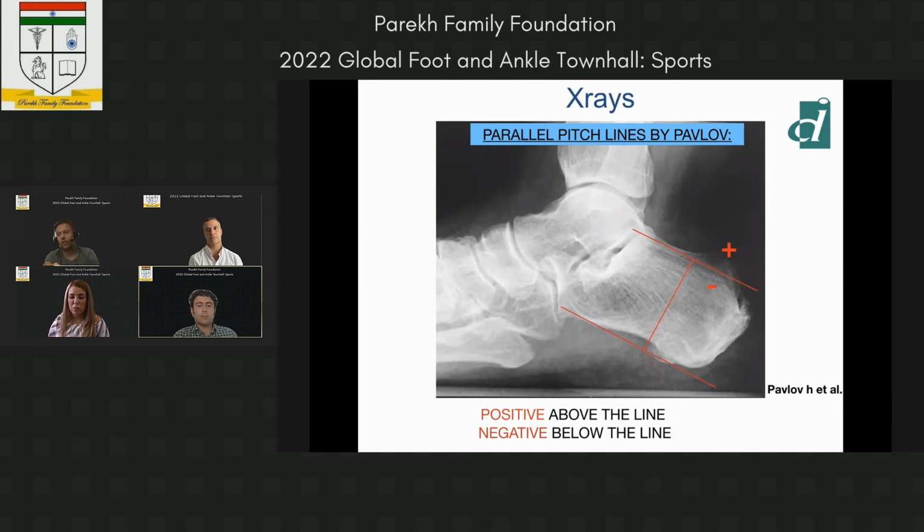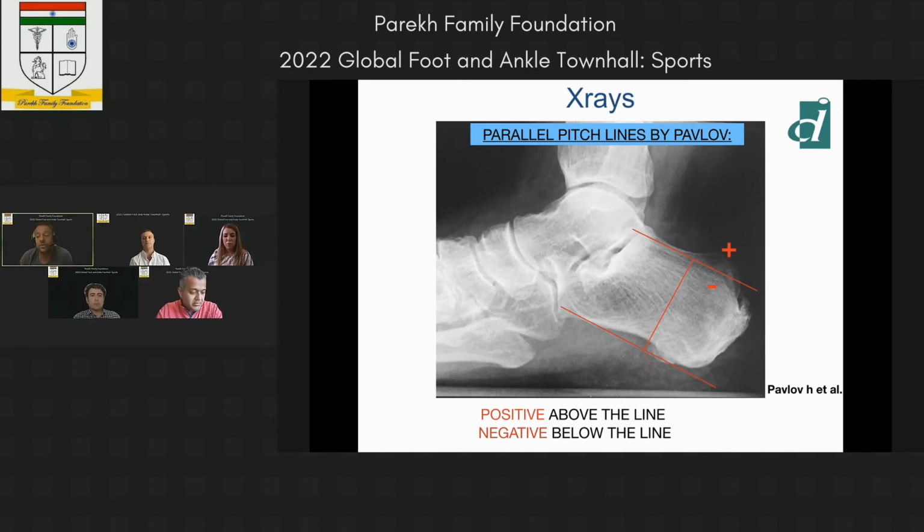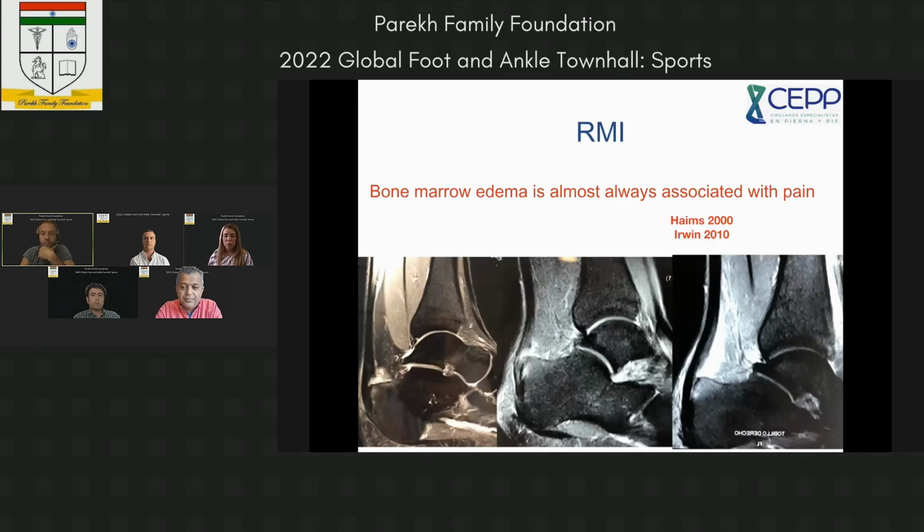If the Haglund goes over this line, it's considered positive. If it is under this line, you consider it negative. Perhaps these two x-ray angles and lines are not so specific, but what I told you before, they help you to understand where to make the resection.